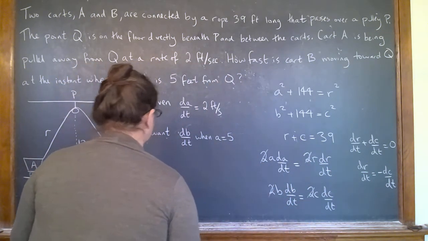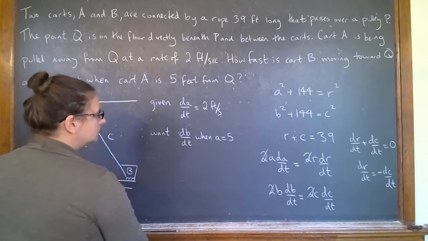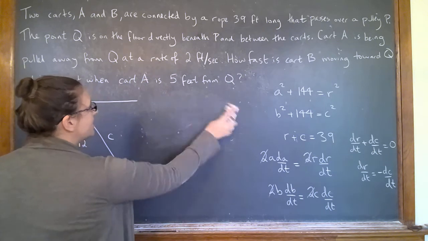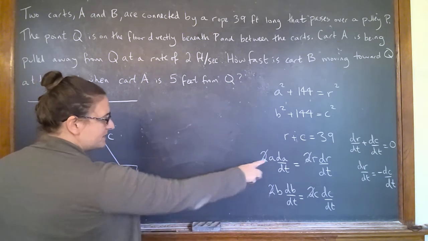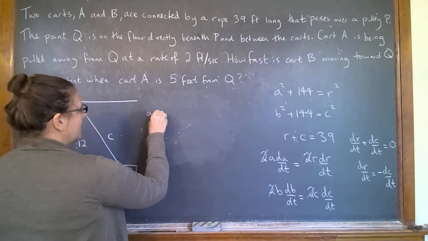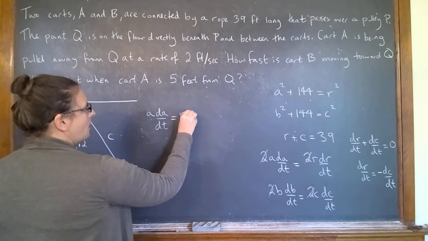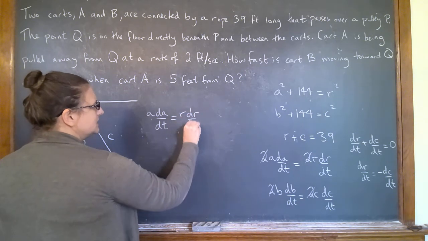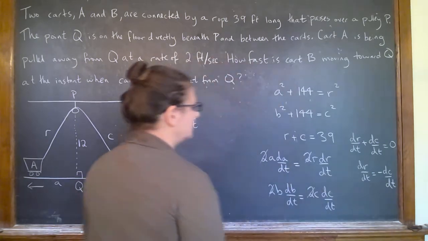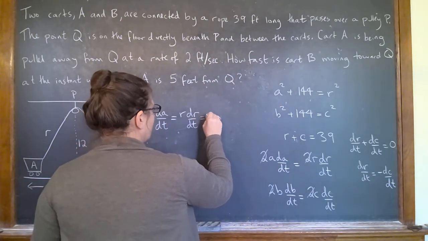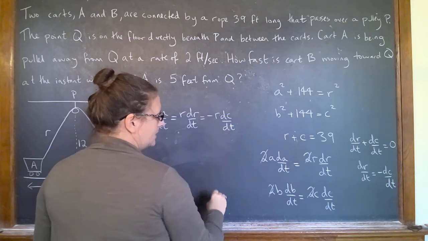Let me see. I probably will just erase this so I have some space. So if I start with this guy, dA/dt, this is R dr/dt, but dr/dt is minus dc/dt, so this would be minus R dc/dt, right?